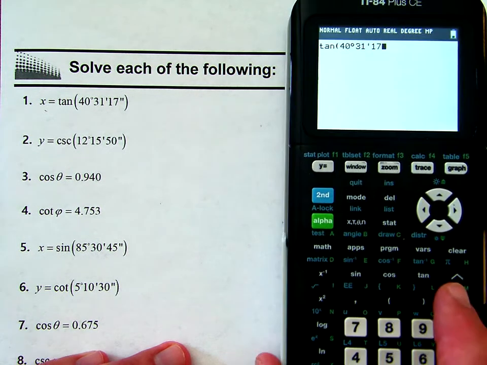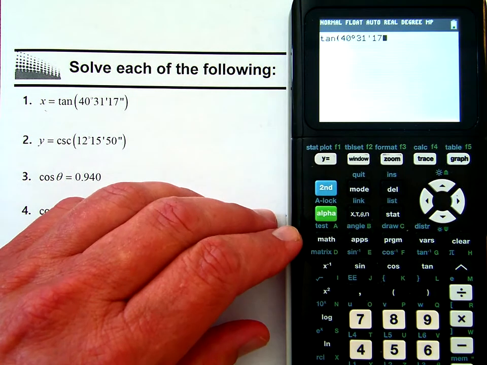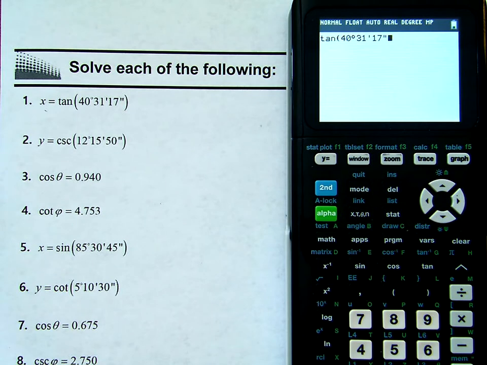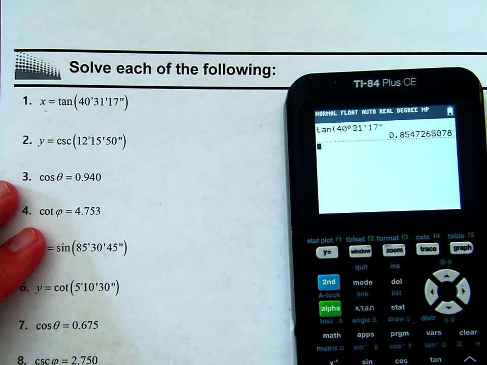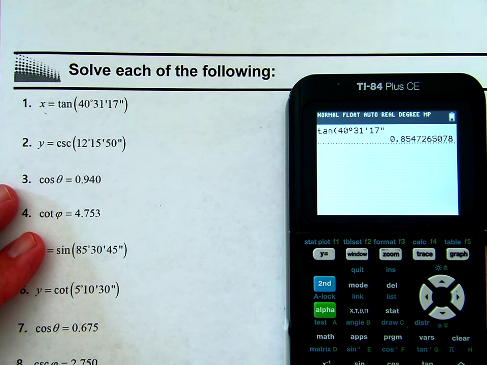We have to go down here to alpha plus in order to get the second symbol.